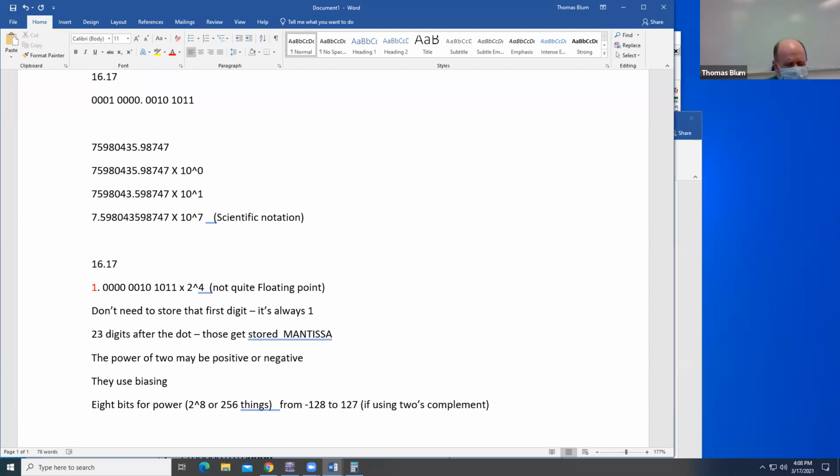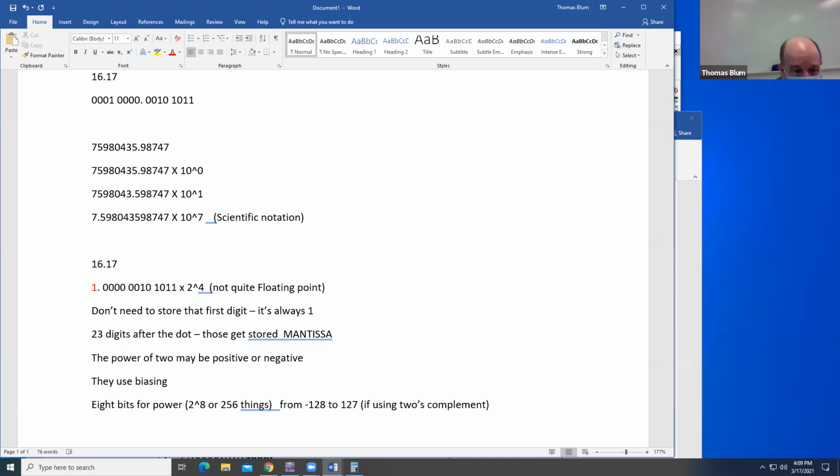It's going to be similar, but what we do with biasing is we add 127. There are certain things reserved, and so you don't get to the minus 128, so it's more like minus 126 to 127.